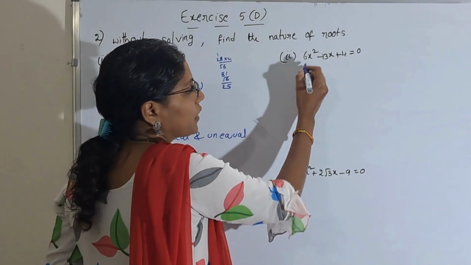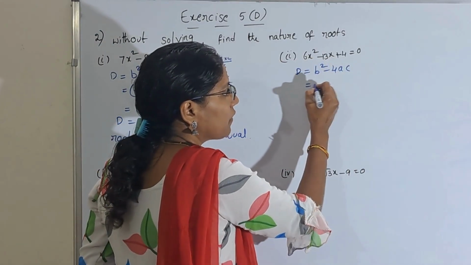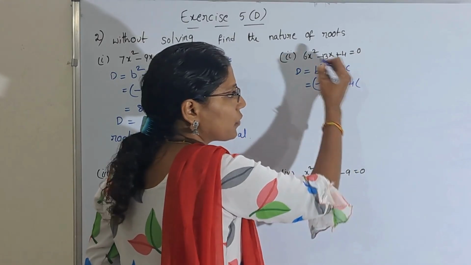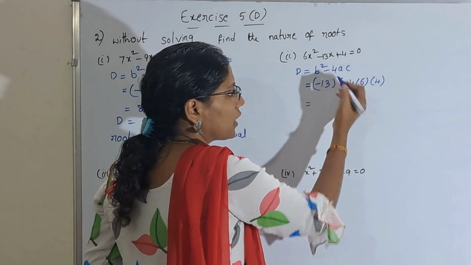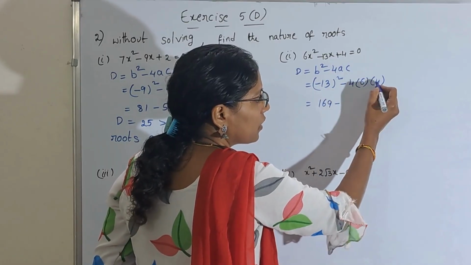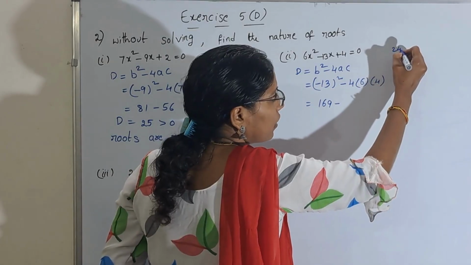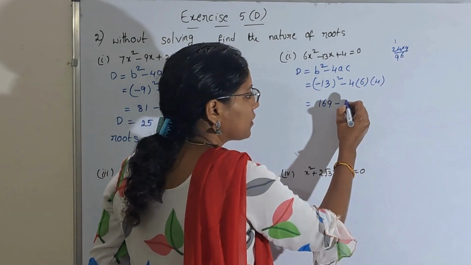Next, second problem. Here D is equal to b square minus 4ac. b value is minus 13 whole square minus 4 into a value 6, c value is 4. Here 13 13s are 169 minus 4 4s are 16, 6 4s are 24, 24 4s are 96.